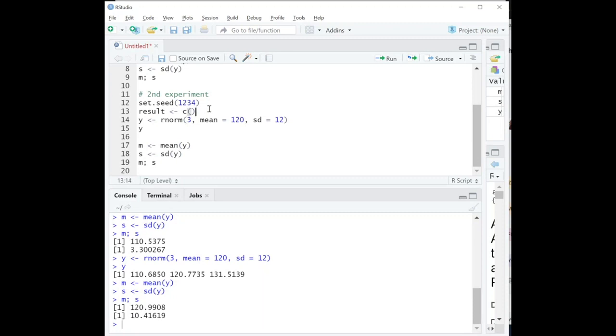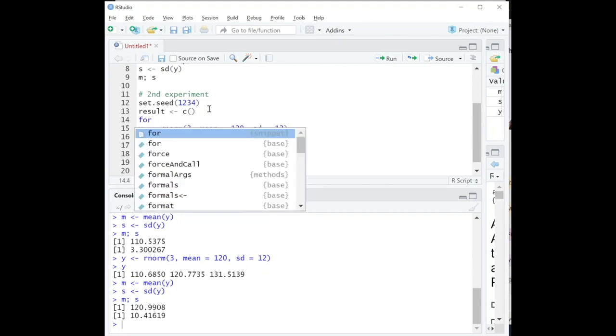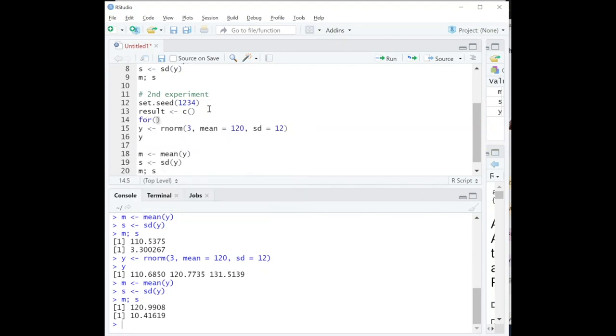Now we need to use a for construct. You see, I have a for, open and close round brackets, and then I am opening and closing curly brackets.